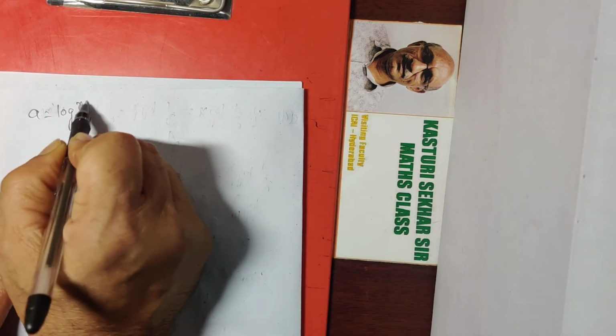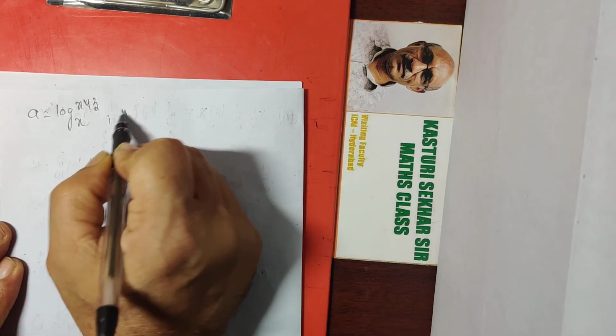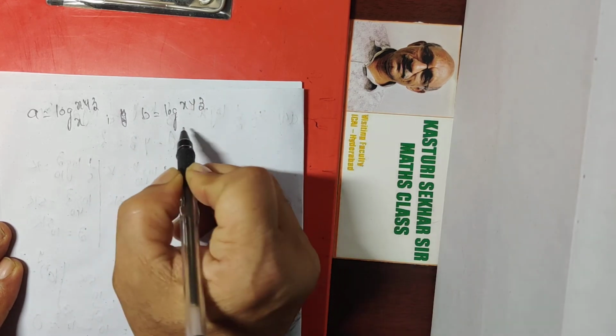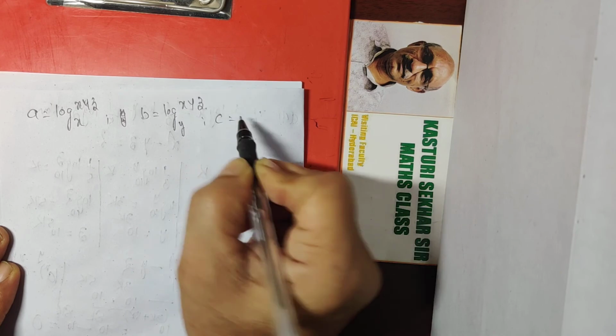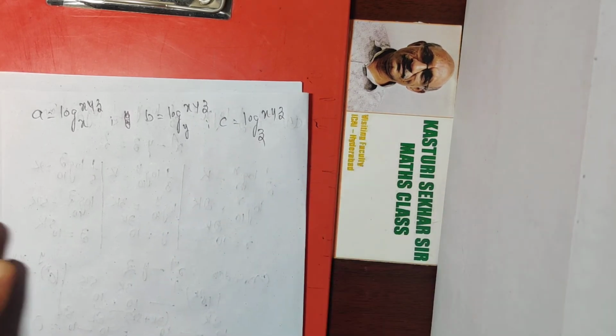A is equal to log xyz to the base x. B is equal to log xyz to the base y. C is equal to log xyz to the base z.